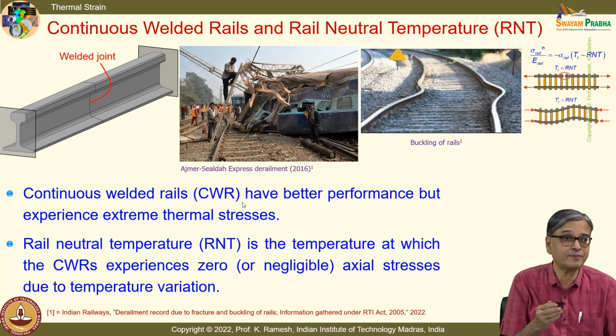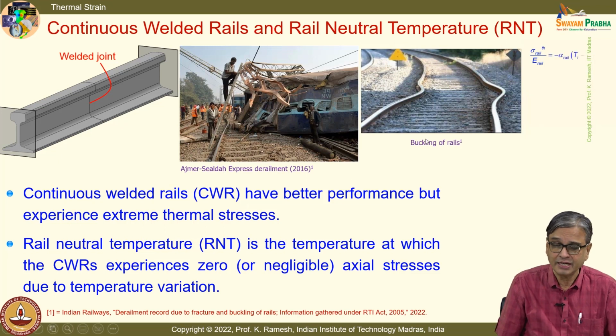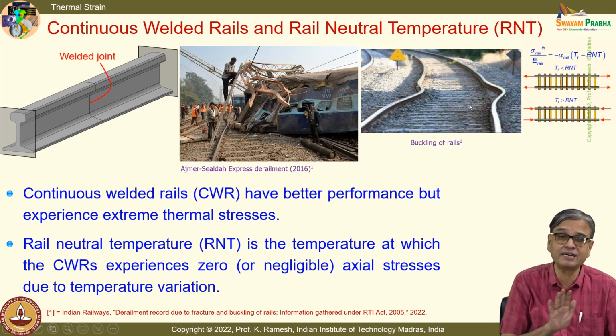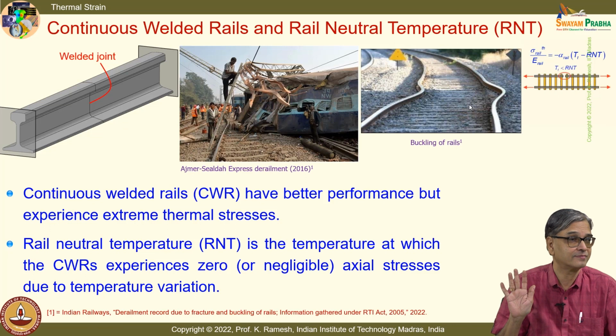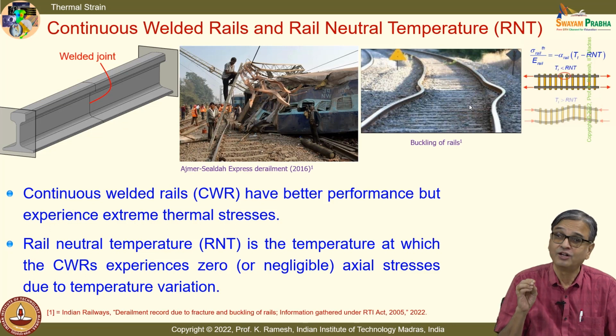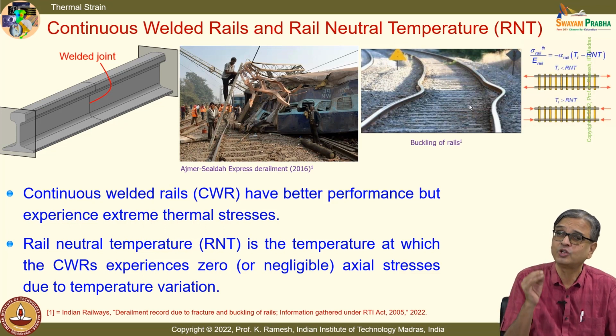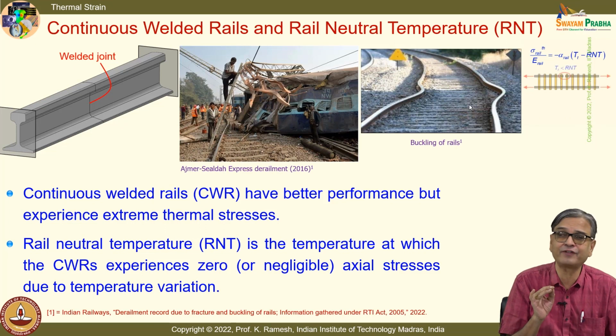If you really look at it from a structural point of view, when you have the temperature stresses due to improper management of RNT, it can fracture if I have tensile stress, it can buckle, you have this buckling recorded across railways in the world. Because of these reasons, you can have derailment. So, if you have to have riding comfort, you need to address the effects due to temperature.